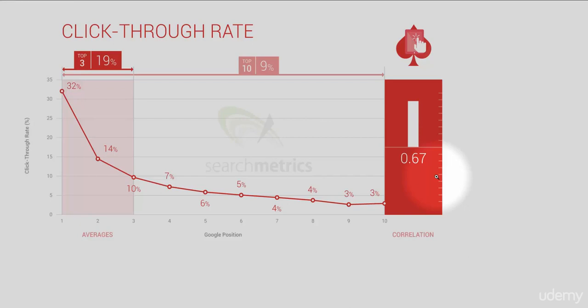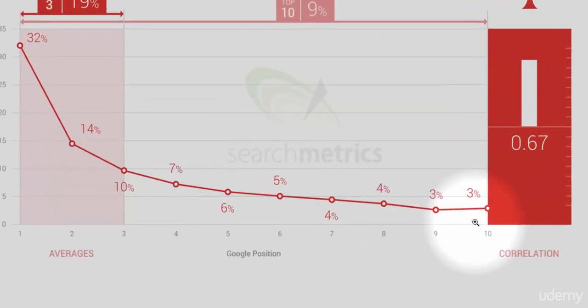In the top 10 search results, you can see that the CTR of the second search result is 14%, which is lesser than the first. Also, the CTR of the third search result is lesser than the second, and it goes on like this, right? But the CTR of the 10th search result is almost equal or slightly higher than the 9th search result.